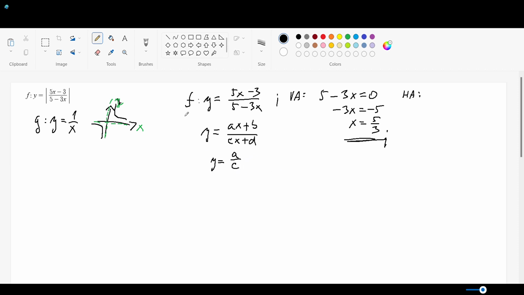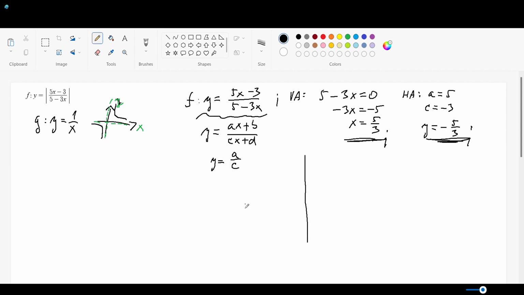In our function, a is equal to 5 and c is equal to negative 3, so our horizontal asymptote has the equation y equals 5 over negative 3, which is negative 5 over 3. Now that we know this information, we can sketch the graph.